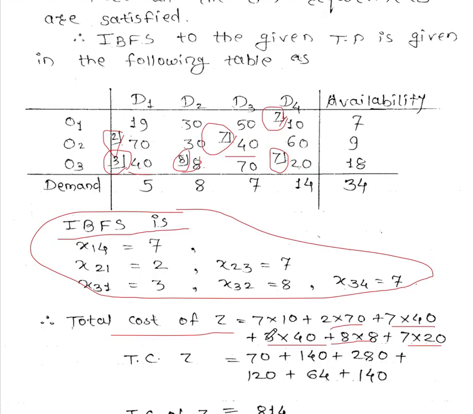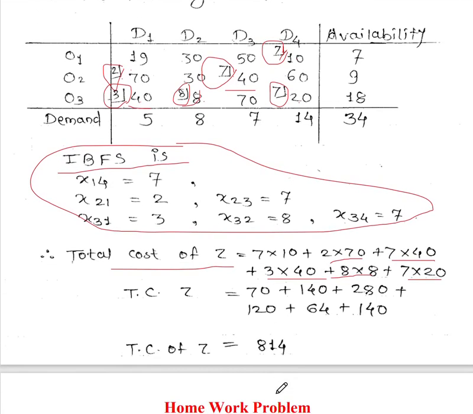If we calculate the additions and multiplications, the total cost of this transportation table is 814. This is the required solution of the given transportation problem by the matrix minima method. So this is the third example of the matrix minima method.